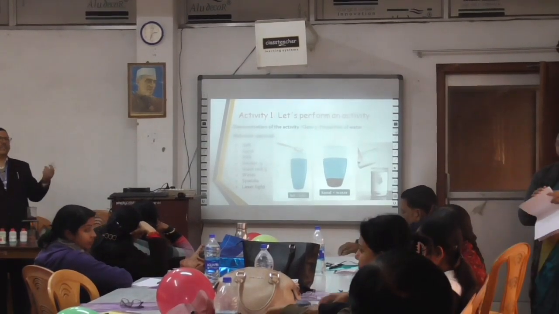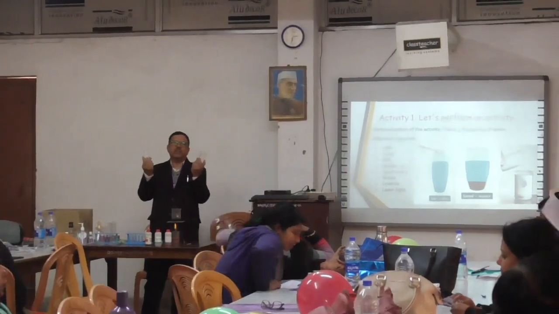So just take such transparent materials like a glass tumbler, glass beaker or plastic glass, whatever we have available. What do we have to do? It is very simple. We have to take water and try to dissolve the 3 materials given: salt, sand, and milk.